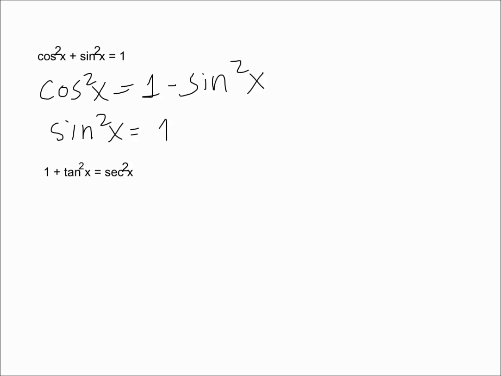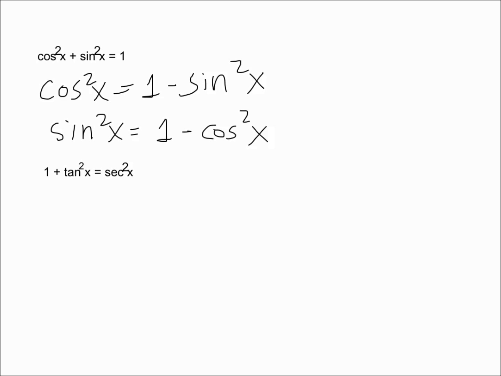So this could also be cosine squared of x is equal to 1 minus sine squared of x. The same goes for sine squared of x is equal to 1 minus cosine squared of x.